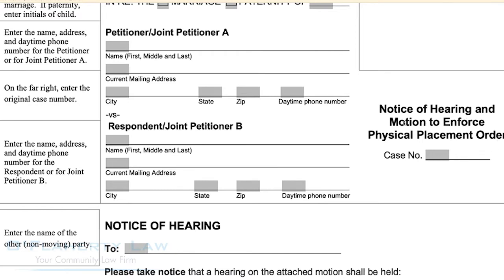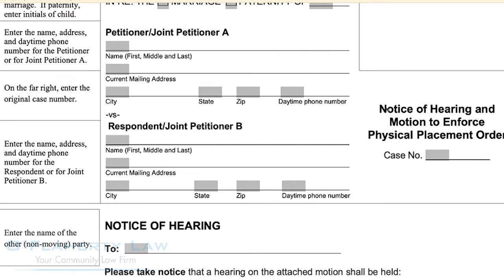Let's talk a little bit about the title. As I've said, it's a post-judgment order, so there should already be a physical placement order entered into the case. Anytime you file a motion with the court, that is you asking the court for something. It's not a pleading, it's a motion.